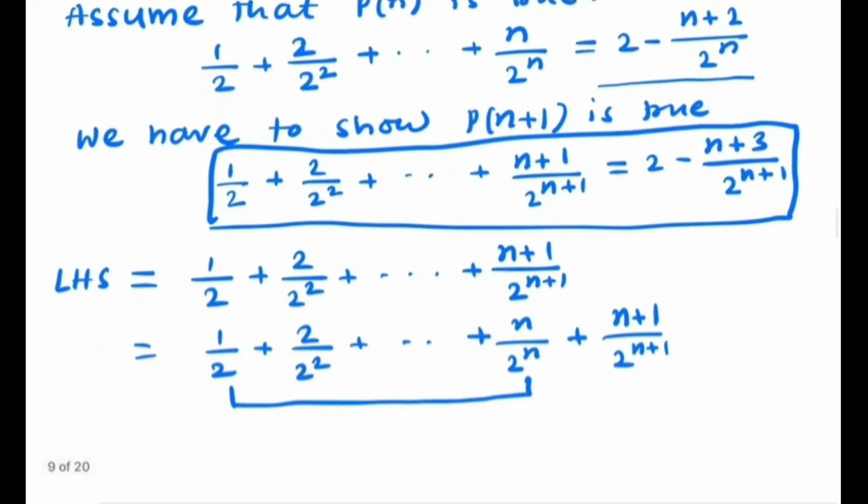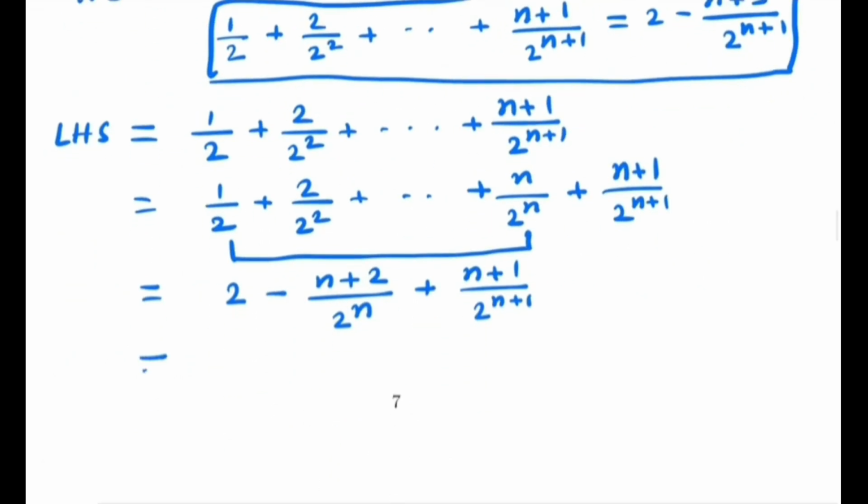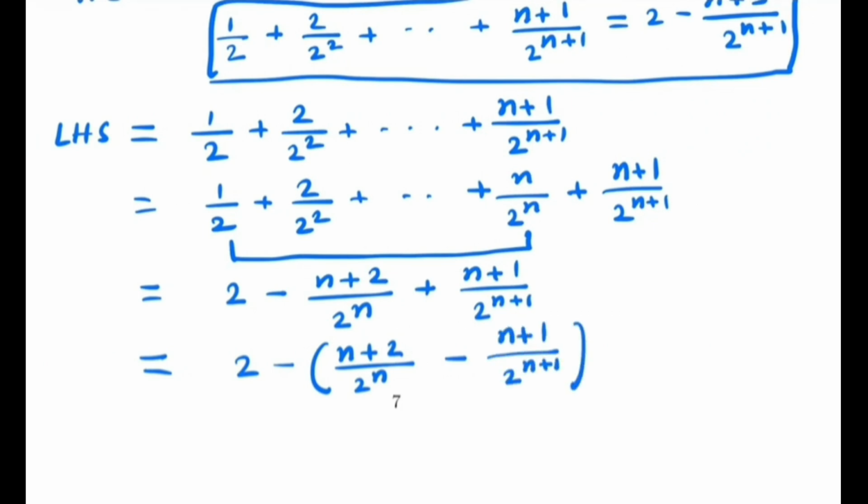So we can write this as 2 − (n+2)/2ⁿ + (n+1)/2ⁿ⁺¹. Okay, so 2 minus, so this sum we can write as (n+2)/2ⁿ minus (n+1)/2ⁿ⁺¹.